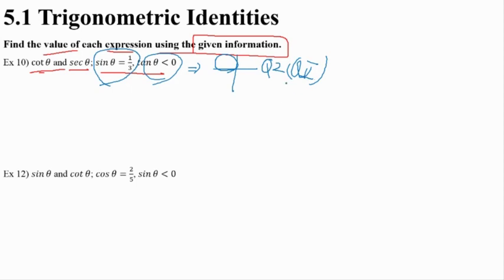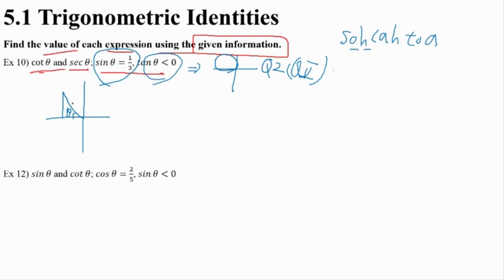So how does it look in quadrant 2? Pythagorean identity, that's what we're talking about here. There is theta, and sine is 1/3. You know SOHCAHTOA, right? Opposite and hypotenuse.